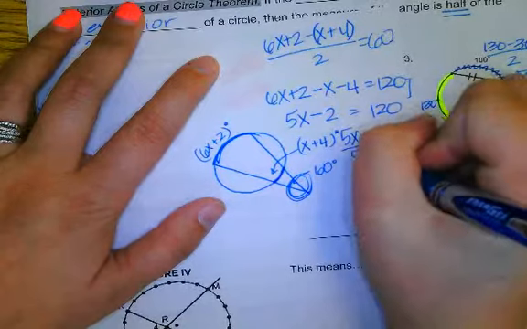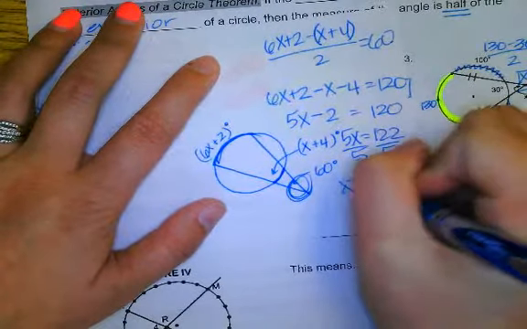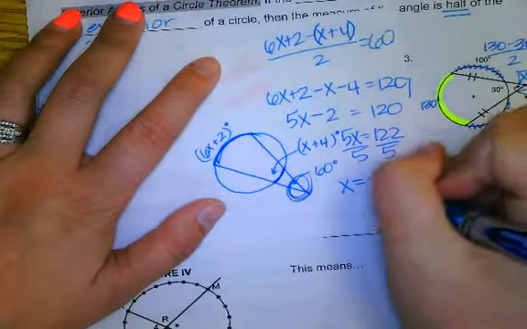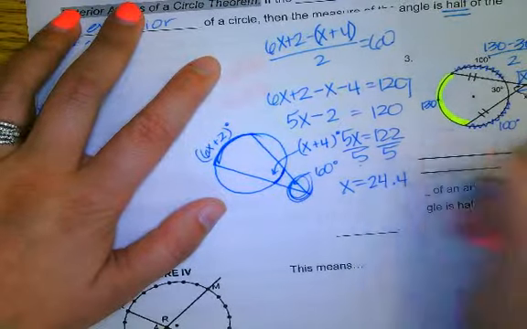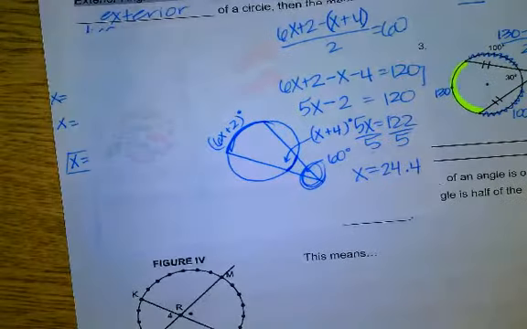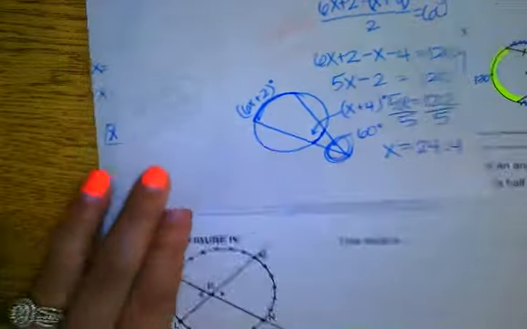Divide, and it's not a pretty number, but 24.4. Okay, but I just wanted to give you an example of seeing when you have to subtract a whole quantity versus just one number. Does that make sense? Okay. Moving on then.